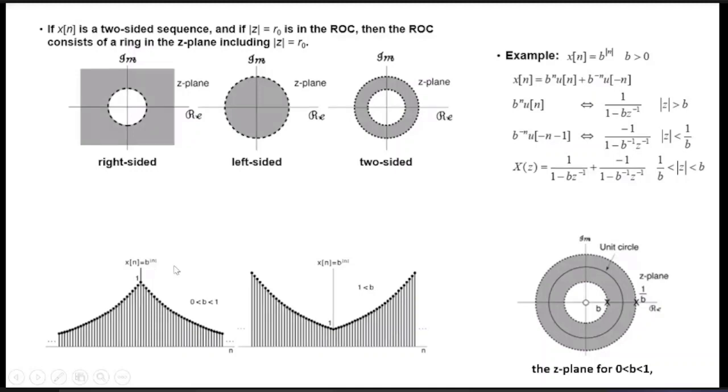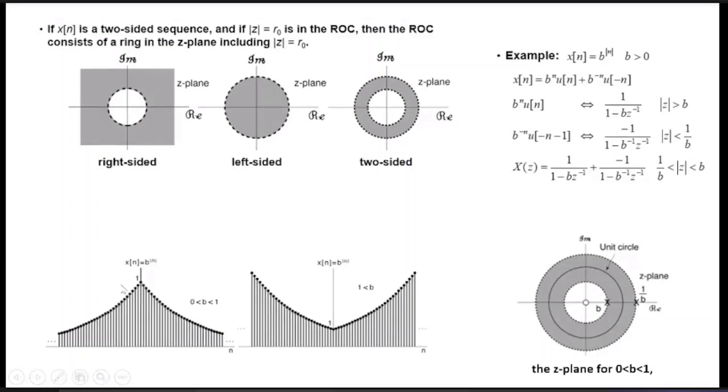For n equal to minus 2, it is b to the power minus of minus 2, so it is b square. So it is also 0.5 into 0.5, so 0.25. This way the signal is decreasing on both sides, when n is positive and when n is negative.